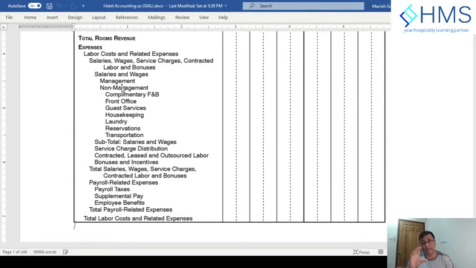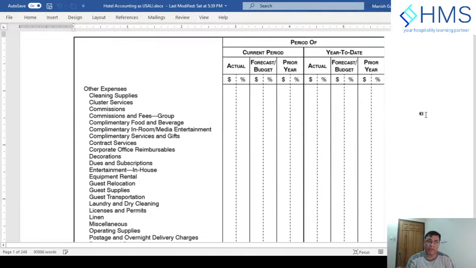Once we know the total labor cost, then the second part of the expenses, as we discussed earlier, apart from labor, is non-labor cost. The non-labor cost in the hotels has a lot of lines here. You will see cleaning supplies, cluster services, commission and fee, group complimentary food and beverage, and all complimentary lines.